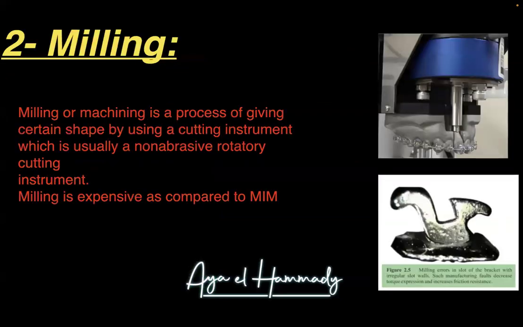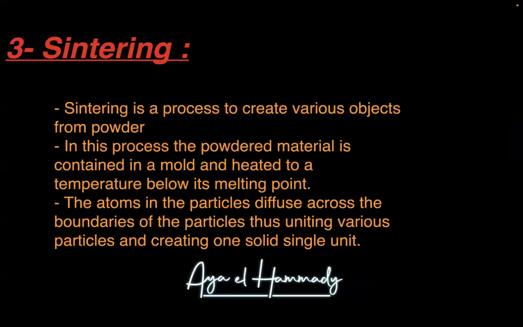What about the milling? It's more advanced. We're using a machine to cut the shape of the brackets, but it's expensive. Sintering, we're using the powder into a mold. First of all, the first one, which is casting, I get a metal in my hand. Melt this metal.